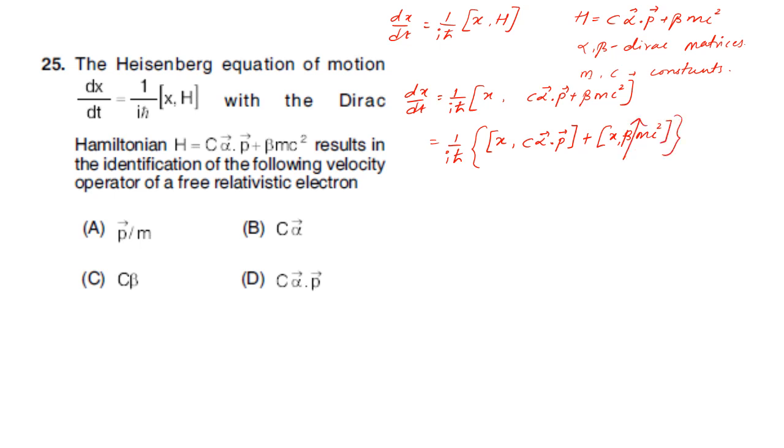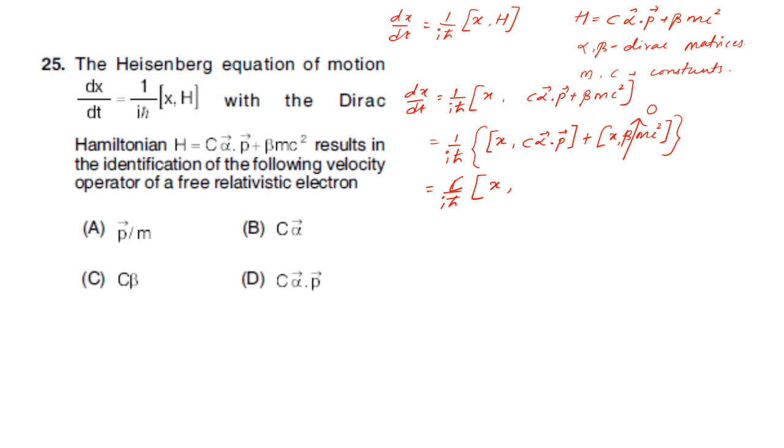The value of the latter is 0 because beta is a Dirac matrix, and m and c both are constants. Therefore, the commutation of x with beta mc square is 0. Then 1/(i h cross), here c is constant, take it outside: c/(i h cross).